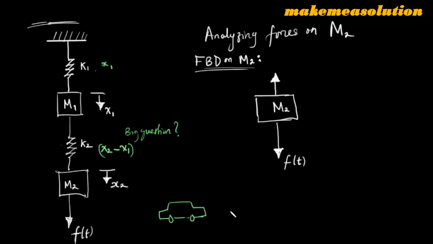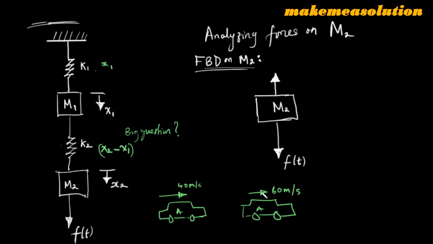Assuming you have two cars moving together, car A and car B. Car A is moving at a velocity of 40 meters per second, or 40 kilometers per hour or miles per hour. Car B is moving at a speed of, let's say, 60 miles per hour, or meters per second.